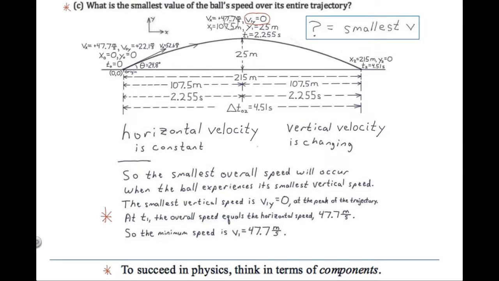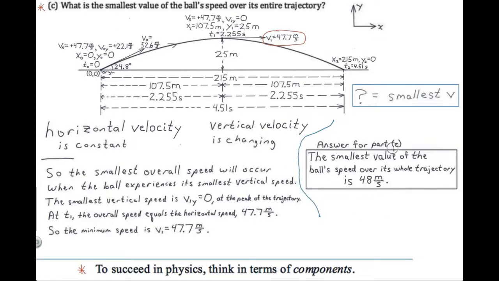The horizontal speed throughout the projectile motion is 47.7 meters per second, as we've written here and here. So, the ball's smallest speed occurs at t sub 1, when the vertical speed is 0, and the overall speed equals the horizontal speed. At t sub 1, the overall speed will equal 47.7 meters per second.